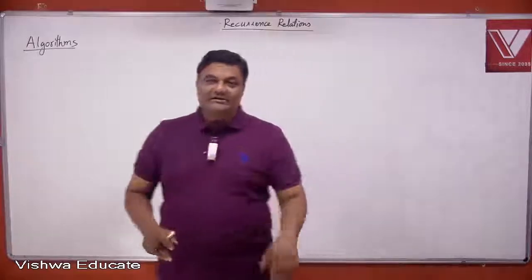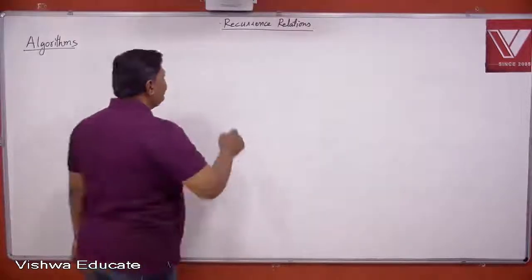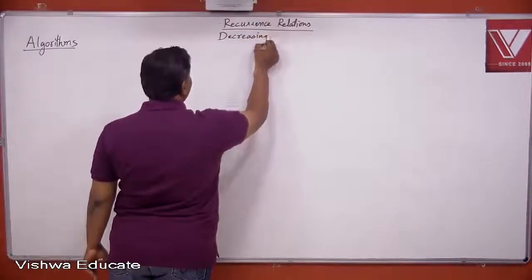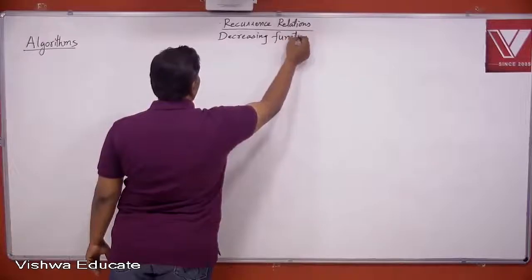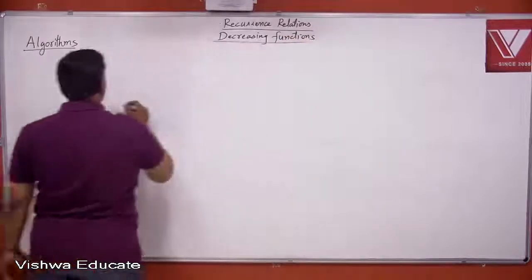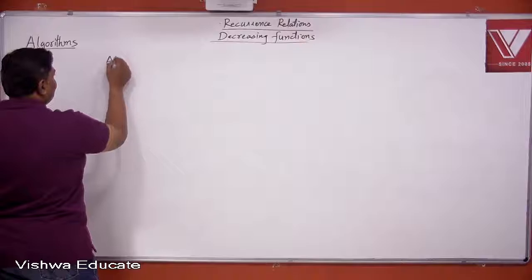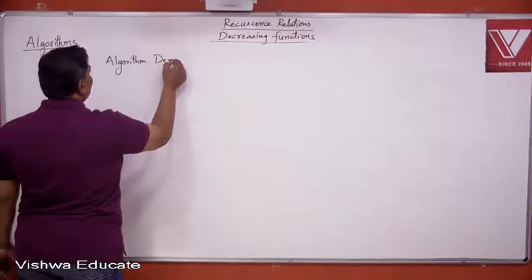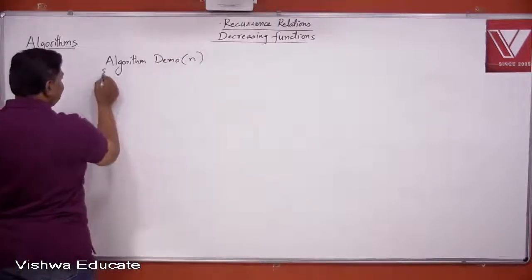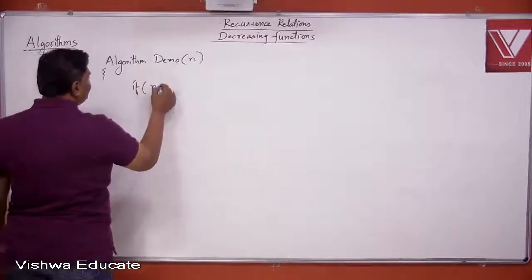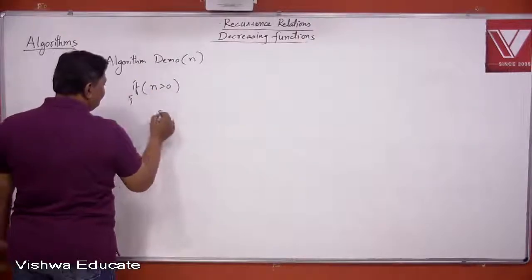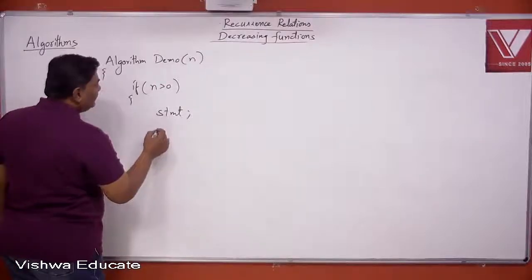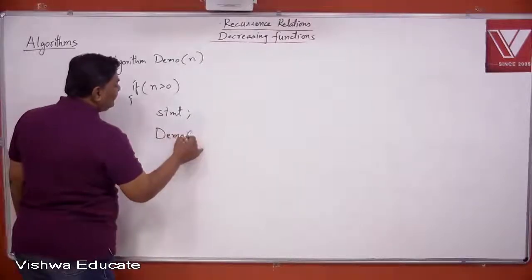The topic is a little lengthy, so let us do it quickly. First we will talk about decreasing functions, the recurrence relation for a decreasing function. I will take one algorithm, demo, which takes some parameter n, and if n is greater than 0, it performs some statement, then calls itself with n minus 1.